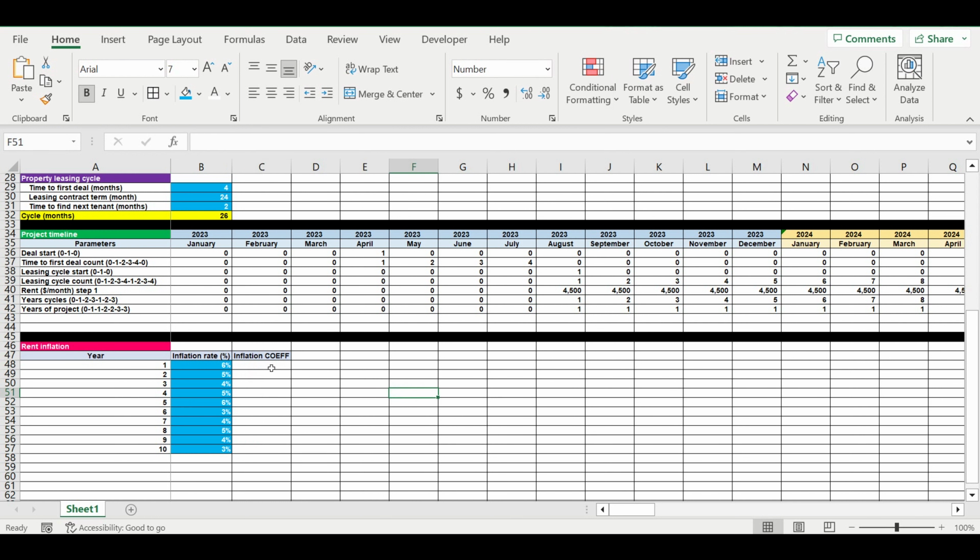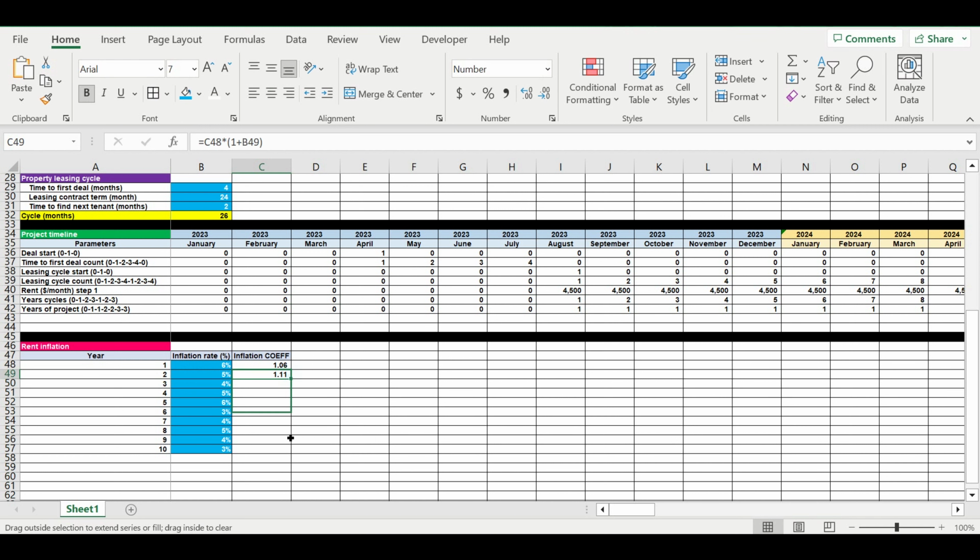So for this cell I will write a very simple formula. We will multiply 1 plus this. So this will be the inflation coefficient for the first year. Then I will take this value and multiply it by 1 plus this value of input.